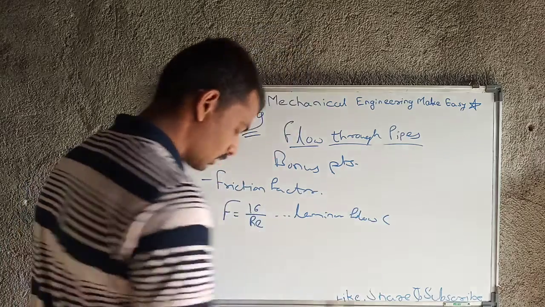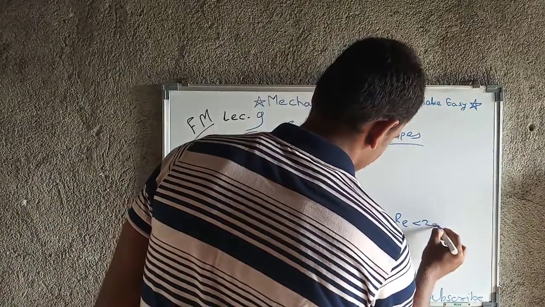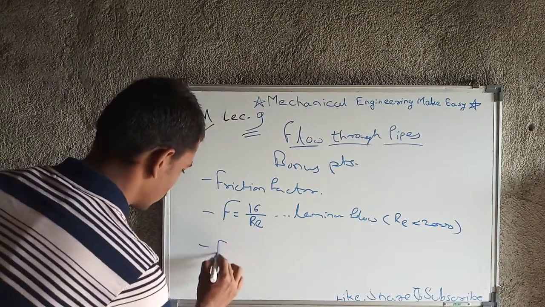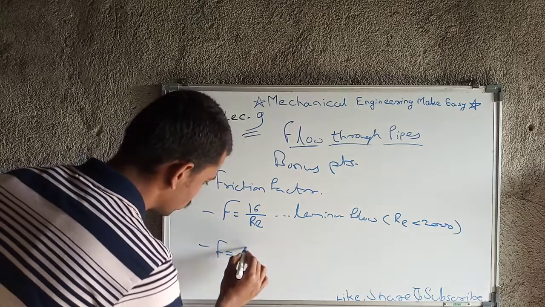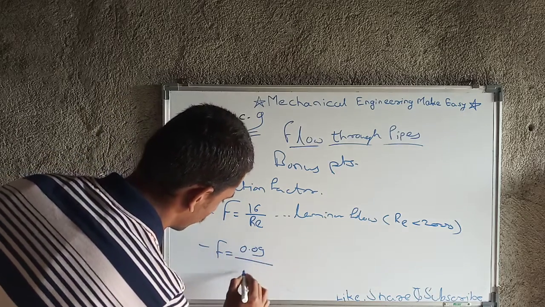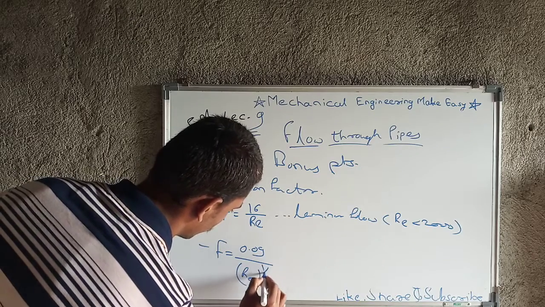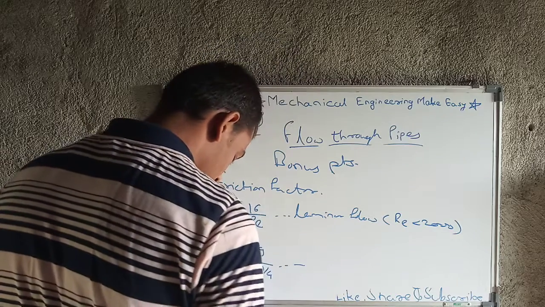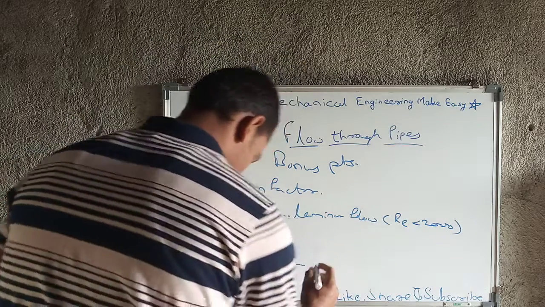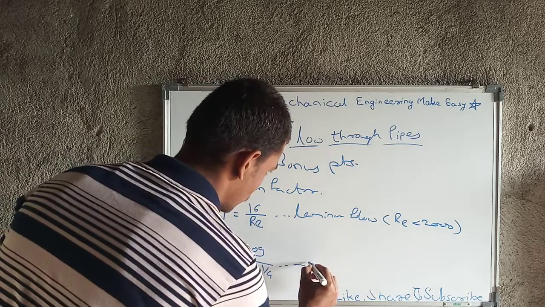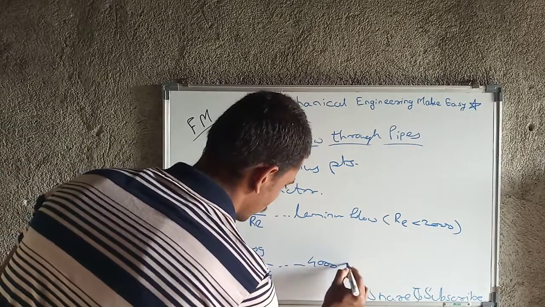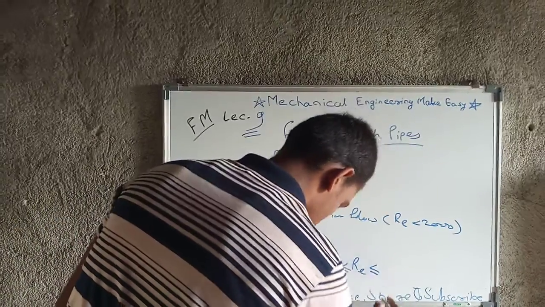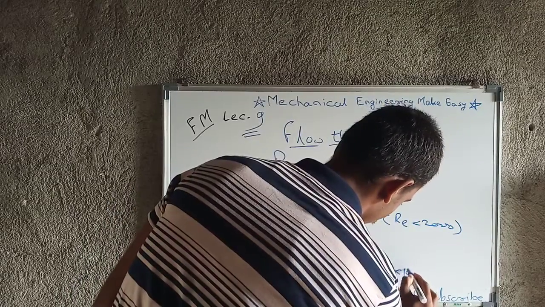or we can say Reynolds number is less than 2000. And the same friction factor F is equal to 0.09 upon Reynolds number raised to 1 by 4, that is 0.25, and this is for turbulent flow, or for 4000 less than or equal to Re, up to 1 into 10 raised to 5.